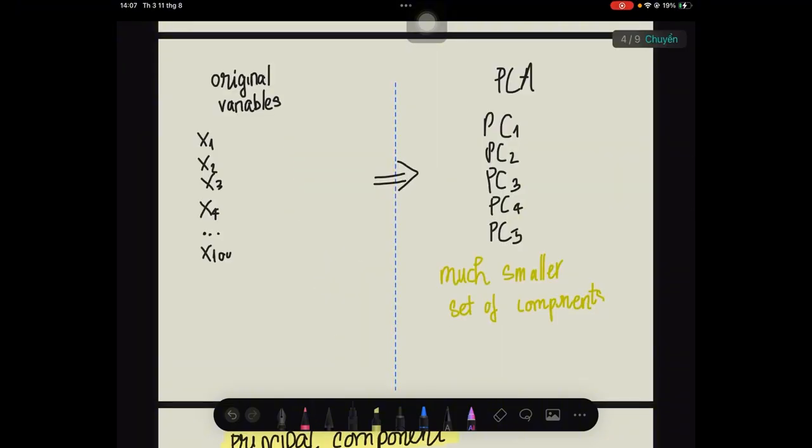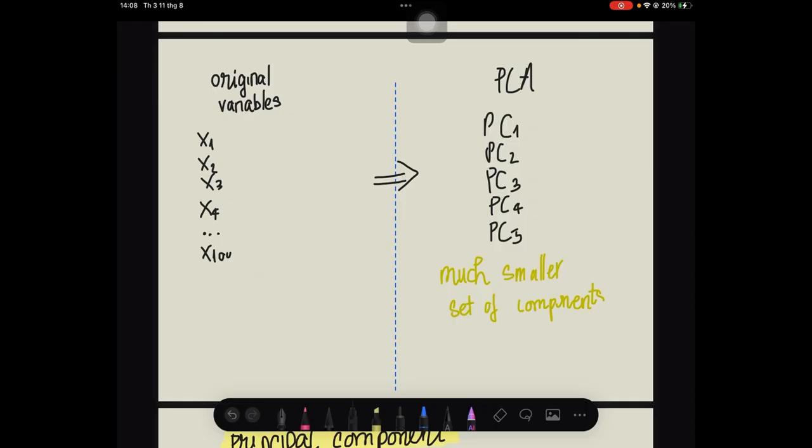Here's the central idea. PCA takes a large number of potentially correlated variables and transforms them into a smaller number of principal components. These principal components are new variables, but they are not simply individual variables from the original dataset. Each principal component is a linear combination of the original variables. Think about it this way. Suppose you have 10 economic indicators.